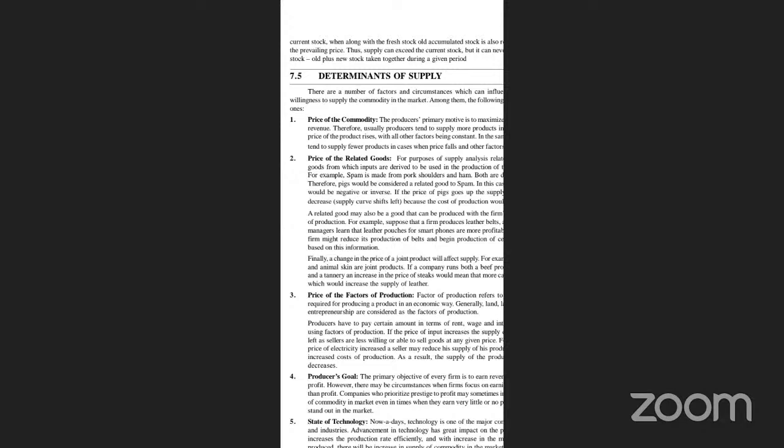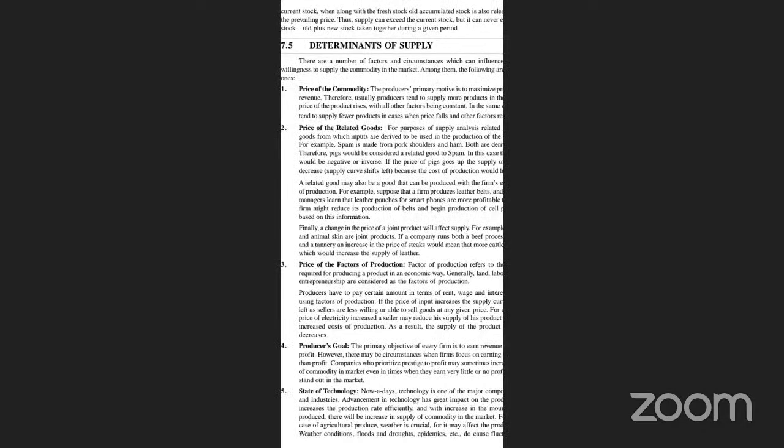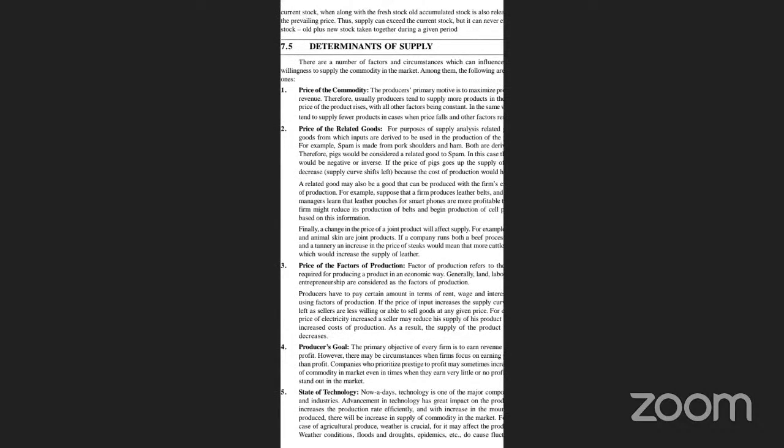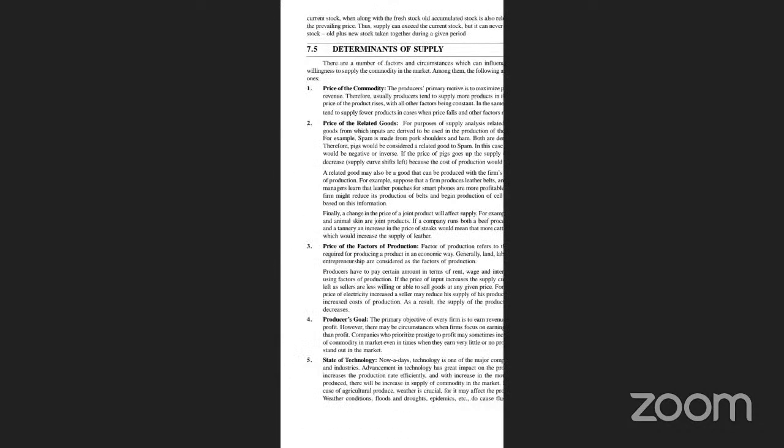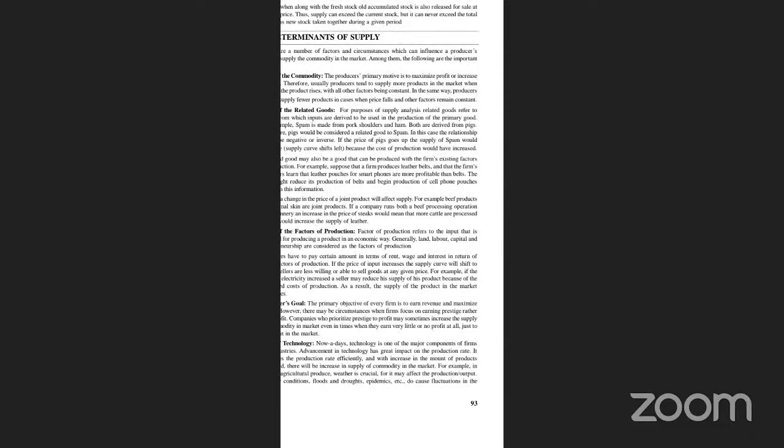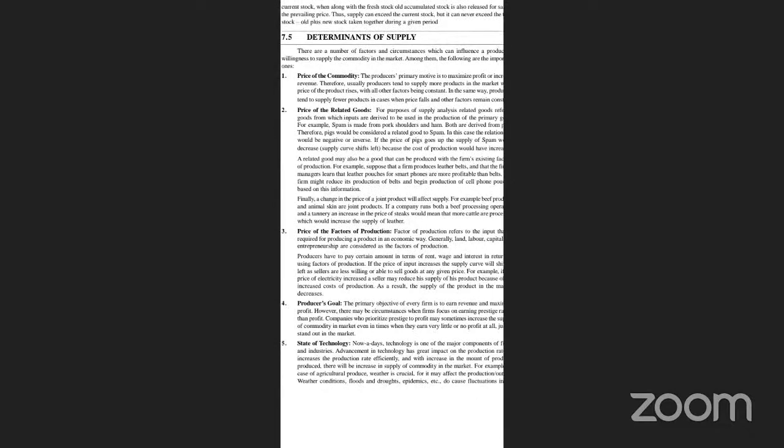There are various circumstances which can push the supply and make supply go higher. Out of many other factors, a few important ones are discussed here, out of which price is one.